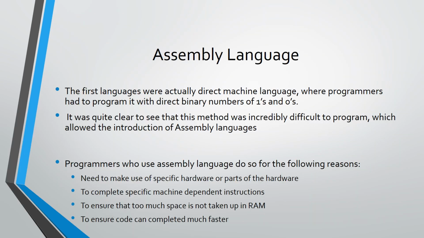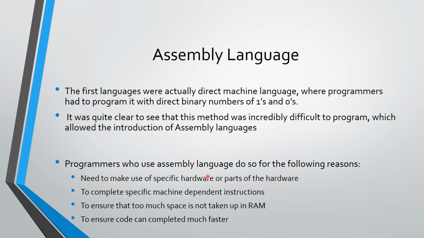Next, assembly language. Assembly language was the first language after direct machine language, where programmers had to program with direct binary numbers of ones and zeros. It was quite clear that this method was incredibly difficult to program, which led to the introduction of assembly language.